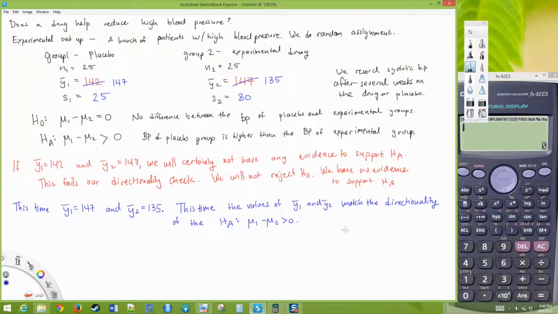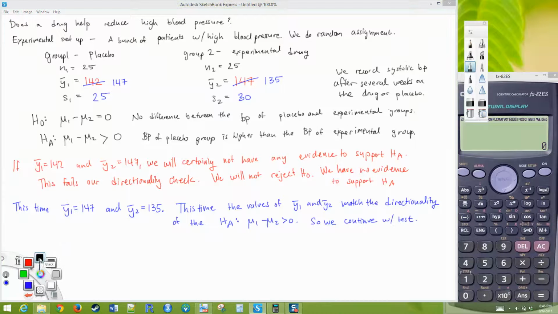So we will continue with our test. Maybe I will give you a few minutes to come up with the test statistic and resulting p-value.